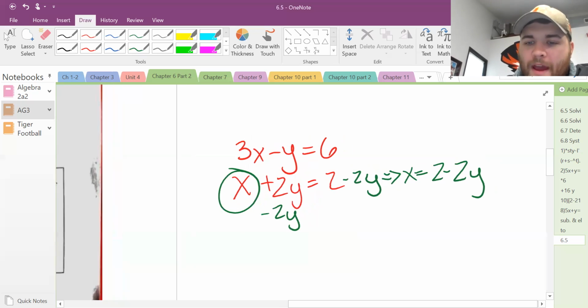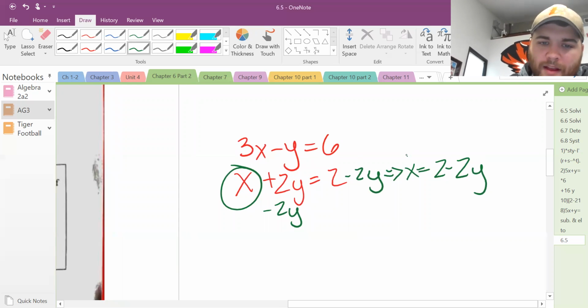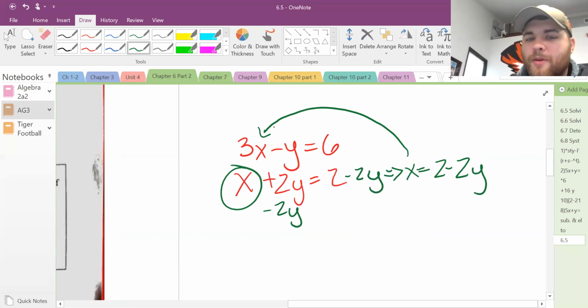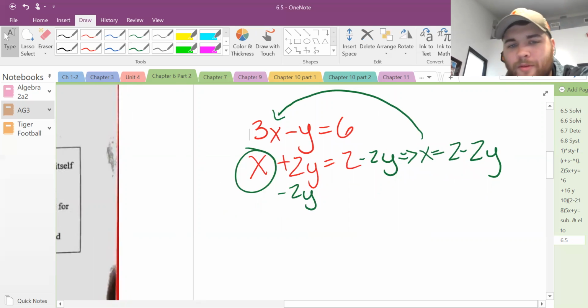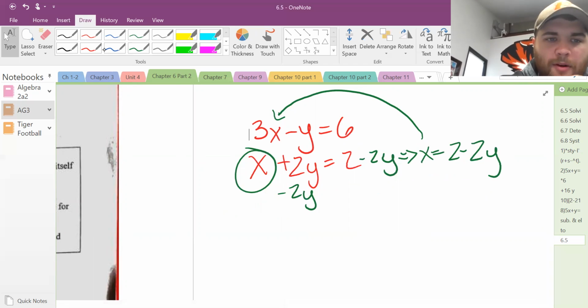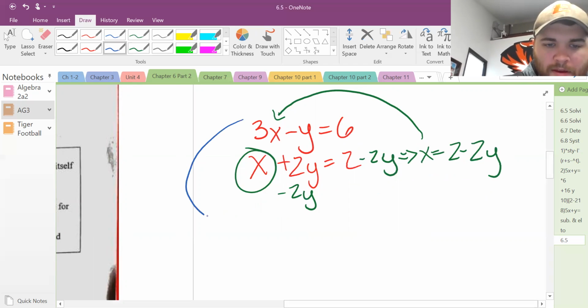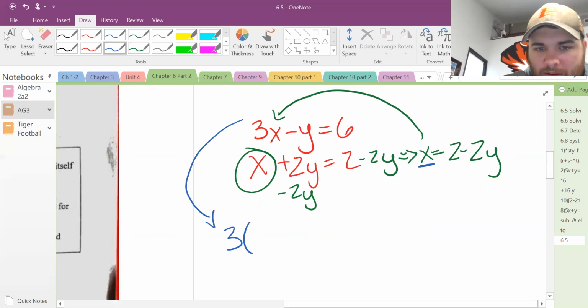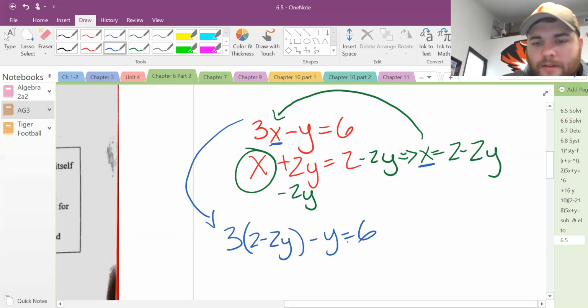Now once we have our variable isolated, we can plug into the equation we have not touched yet, to make it all in terms of one variable. So here we go. I'll change colors for this step. We get 3 times, this is what my x is, so plug that in, use parentheses, 2 minus 2y, minus y equals 6.